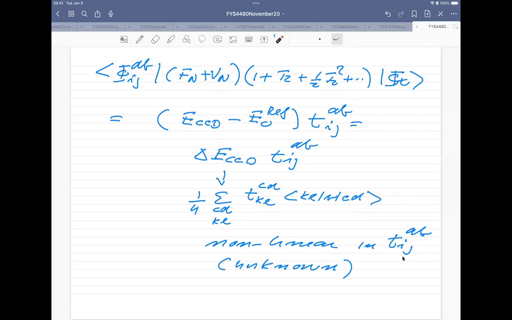And with a diagrammatical approach, it's much, much easier to see which terms have to be zero and which are non-zero. So the diagrammatic approach is very powerful, especially when you have now seen that even with this simple truncation, T2, you're going to get equations which are actually a little bit boring to go through the derivation of, okay?